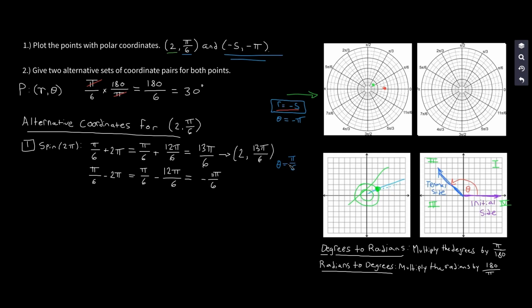Which, of course, we could also put as 2 comma negative 11 pi over 6. And we just did an extra lap. It's the same point as 2 comma pi over 6. It's the same exact thing.